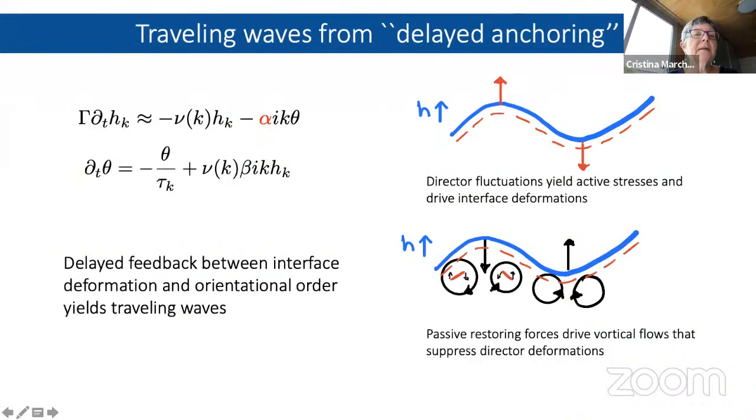If you combine these, I've written the two equations here again, and now we can understand how these waves come about. It's a phenomenon that we call delayed anchoring. Imagine you have a fluctuation in the height, and that is also associated with a fluctuation in the orientation of the filaments, which like to be aligned with the interface.